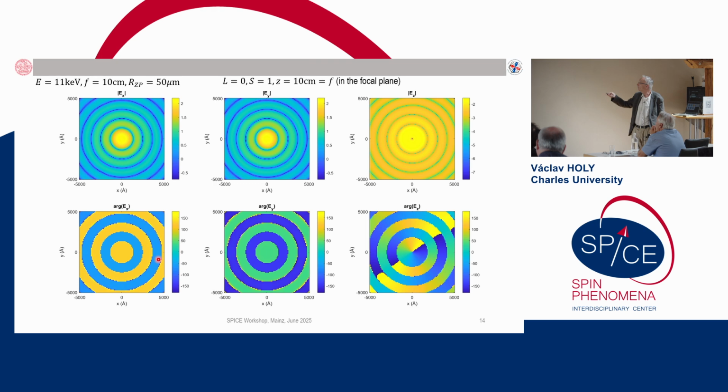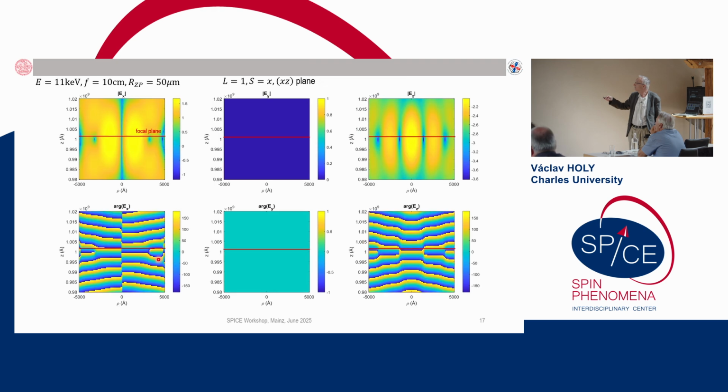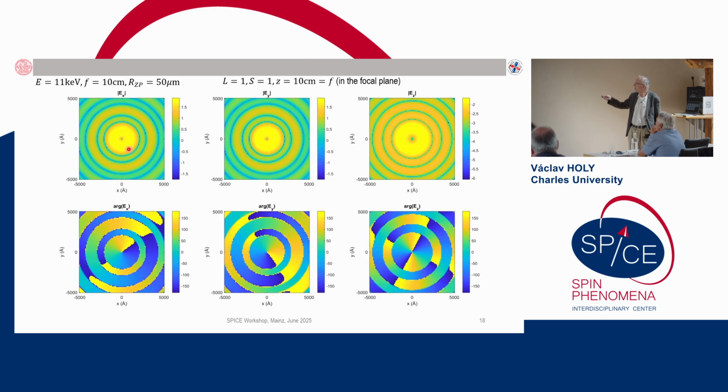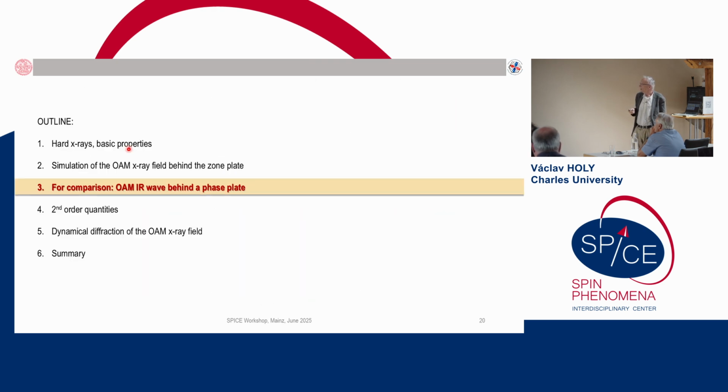This is for circularly polarized light. This is for OM wave, linearly polarized. XZ, again, we have the focus, and we have the minimum in the middle. OM wave, circularly polarized. I think I can skip this.